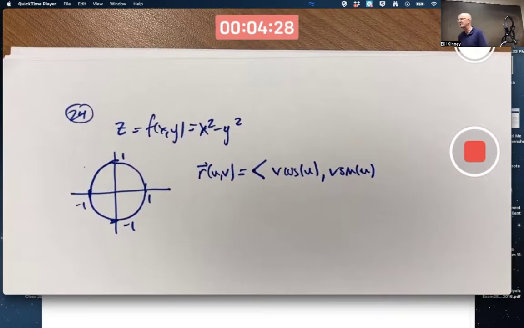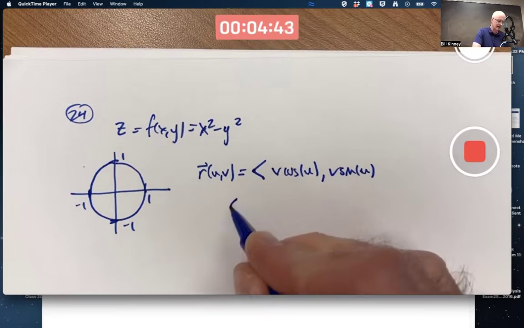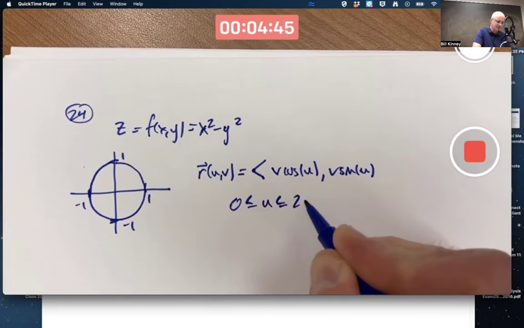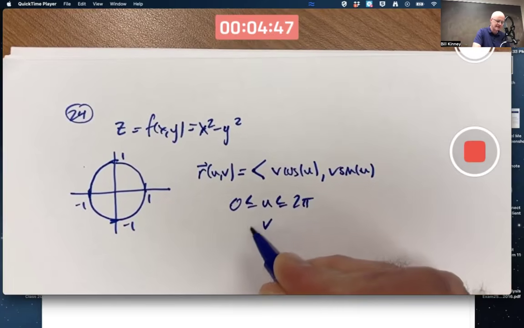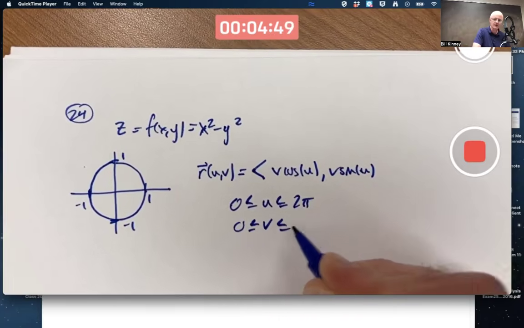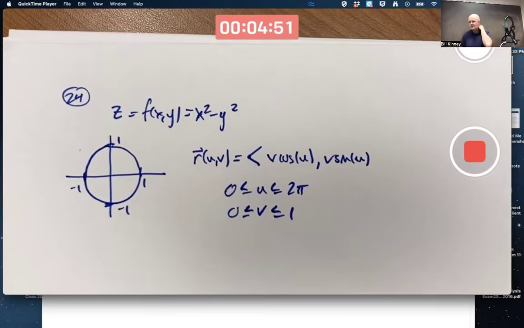By the way, the roles of u and v could be swapped; we could do u cos v and u sine v. By doing it this way, I'm just being a little bit more consistent with the way the book does it. Effectively, u is an angle from 0 to 2 pi, and v is the radius from 0 to 1 when you do it this way.